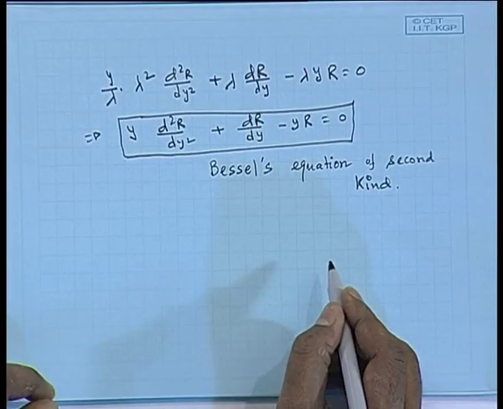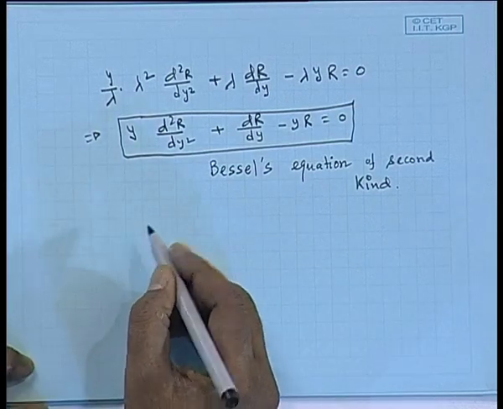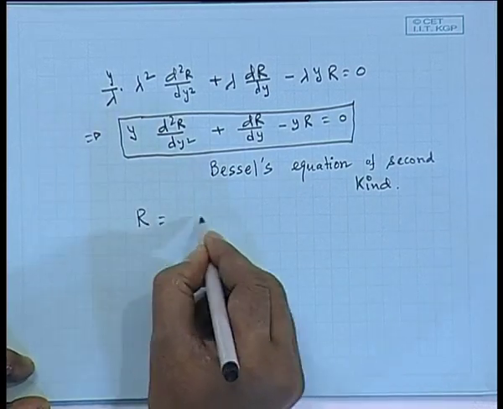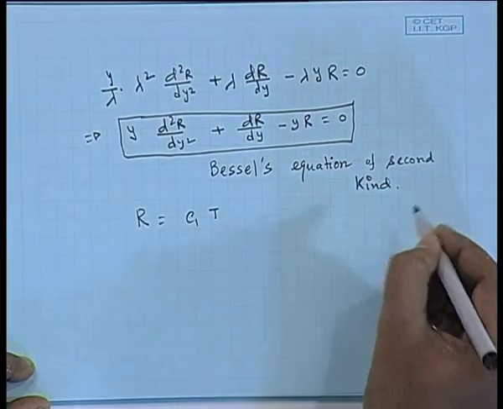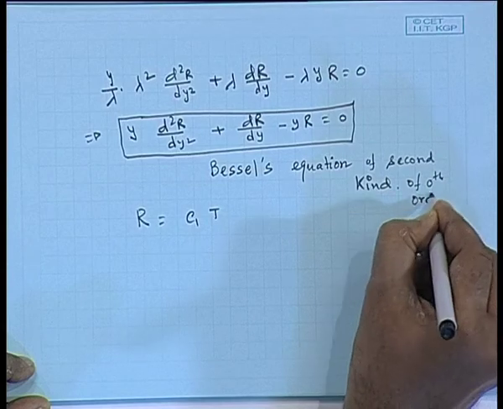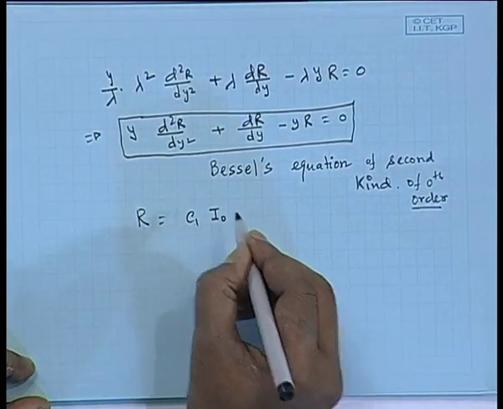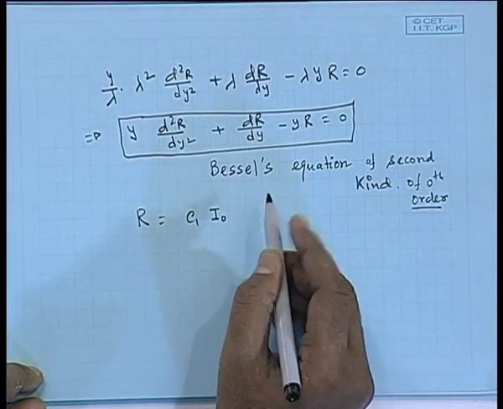The Bessel equation of second kind constitutes the solution of Bessel functions of second kind, that is, of 0th order. This is the 0th order Bessel function. Okay. So, these will constitute two counterparts I0 and K0.